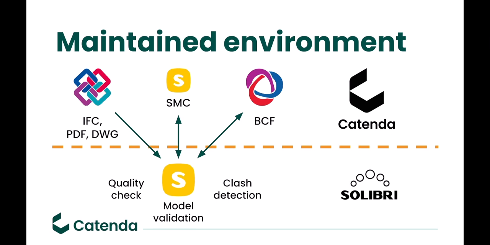To do this, we will be getting information from Catenda Hub, and you'll be seeing that we will be doing this entire workflow without even seeing a file. We will not open the Explorer. We will not see the file. We will just be within Solibri. We won't even go to Catenda. We will just be in Solibri and just do our thing and work together with all the other people in the project that are doing their own thing.